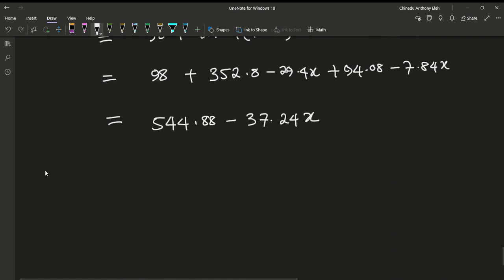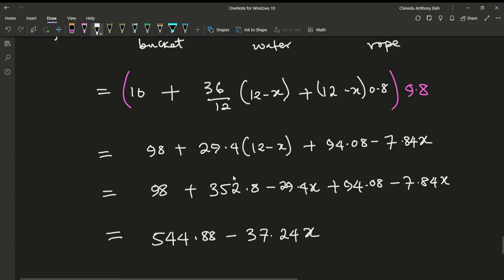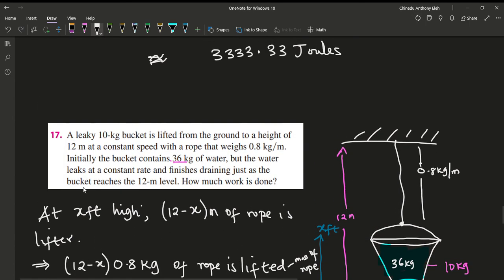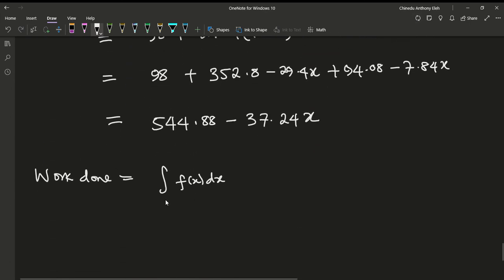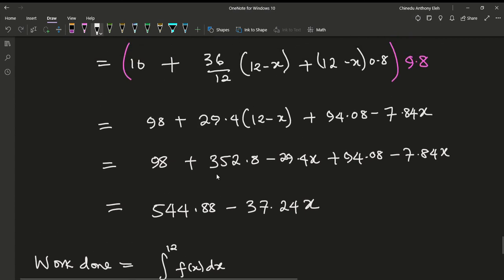Now, as before, once you have this, the work done is the integral of your force. And how high do we want to move? The bucket reaches the 12 meter level at a constant rate and finishes draining just as it reaches the 12 meter level. How much work is done? So we want to push this up until 12 meters high. Awesome.